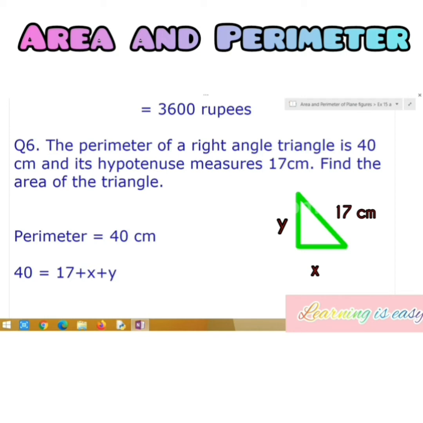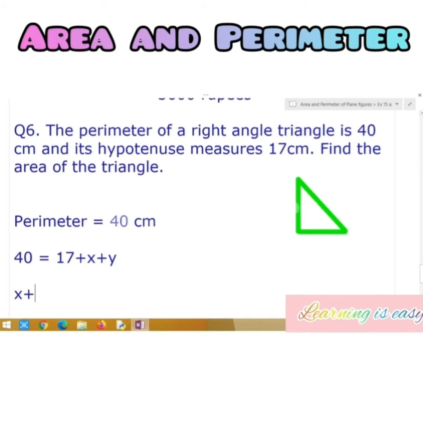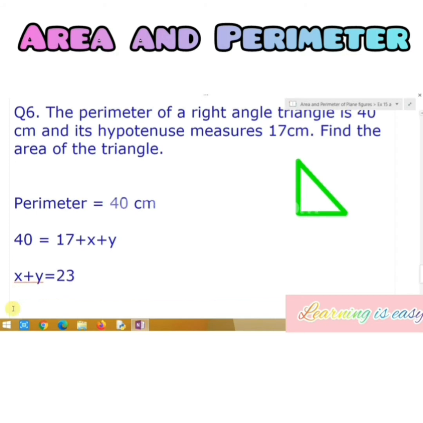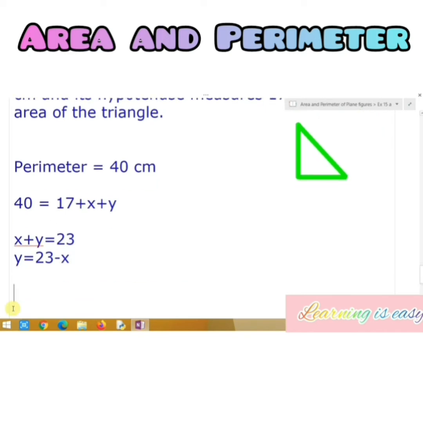So we can write an equation now with this. X plus y equal to 40 minus 17, that's 23. So with that, y can be written as 23 minus x. By substituting the same in the perimeter, we know the x is one side, 23 minus x is the other side, and the third side is 17.